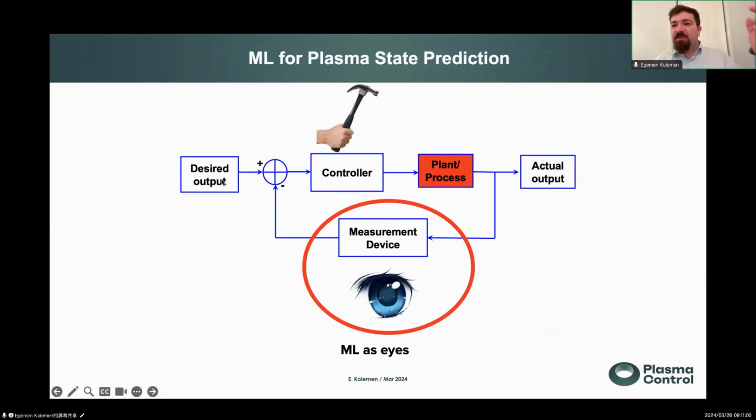A desired output can be power, no disruption, etc. Then we have a controller. The plant is the fusion reactor, and you get the output. And then you have a measurement system. It's like our eyes that loops back. So basically, we see with our eyes, that's the measurement, and we have the hammer to control the plasma. First, I'll talk about the eye, then I'll talk about the hammer.